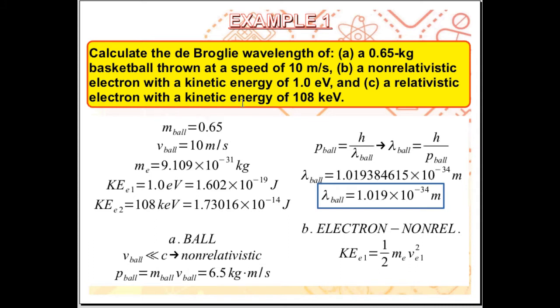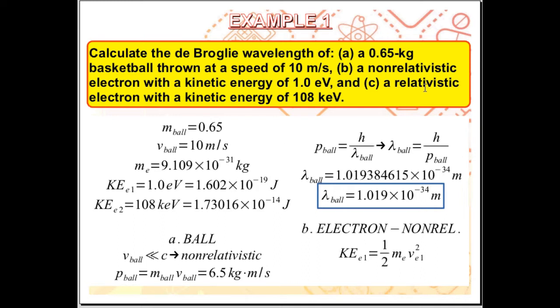The problem also gives us the kinetic energy of the non-relativistic electron, 1 electron volt. That's equivalent to 1.602 times 10 to the negative 19 joules.